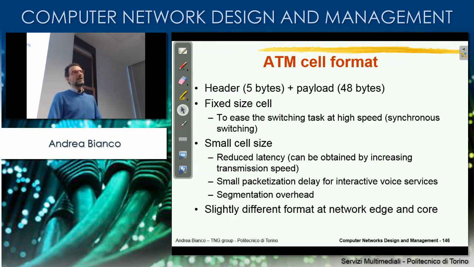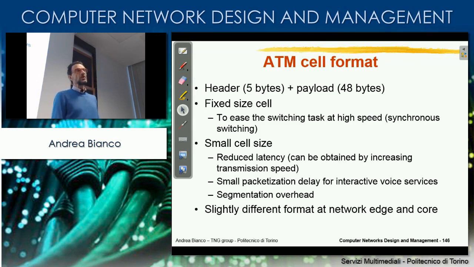At that time, the two most important types of traffic were data traffic, which included a variety of applications, not so many as today, but all of them oriented to transfer data among PCs, computers, workstations, and telephone networks, human voice. At that time, the human voice was significantly dominating in terms of percentage of traffic. Today it is not the case anymore, but at that time it was really significant.